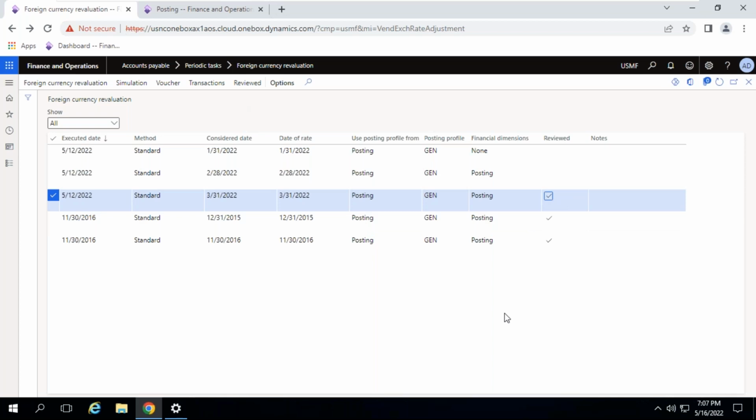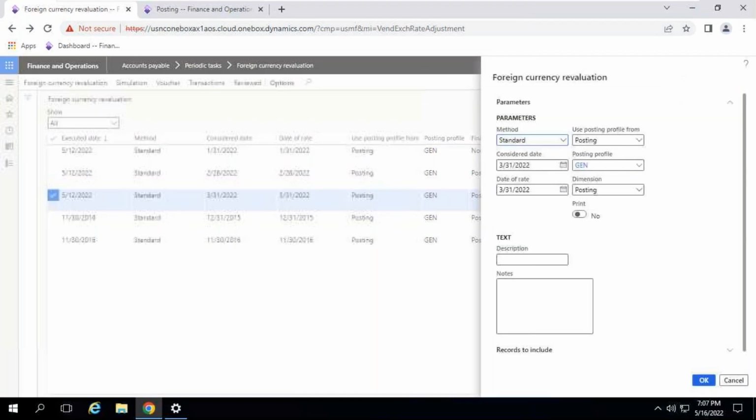And when you look at the financial dimension, we have some lines for posting and some lines for none. I'm going to discuss that one. It is important. So whenever you are running foreign currency revaluation, look at this one.